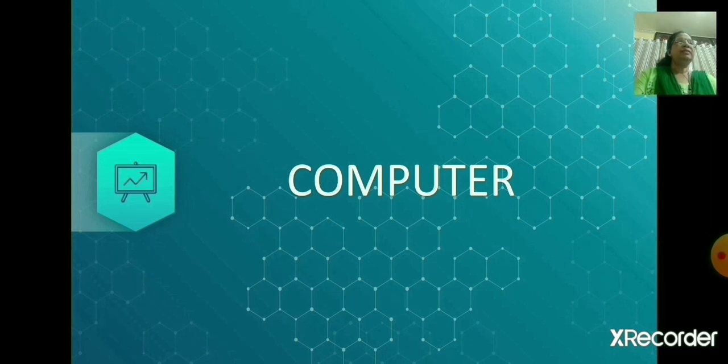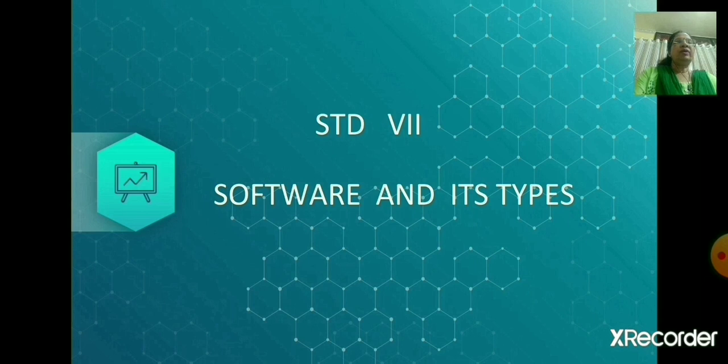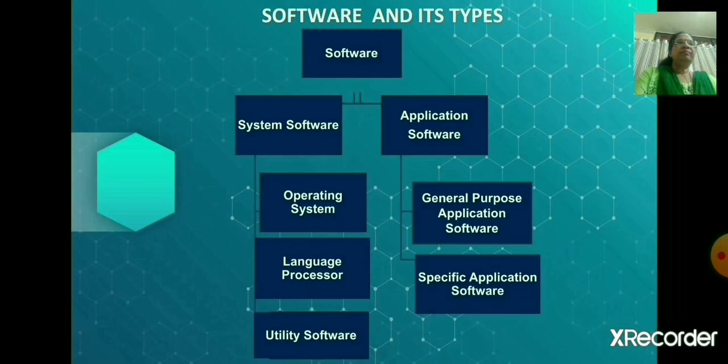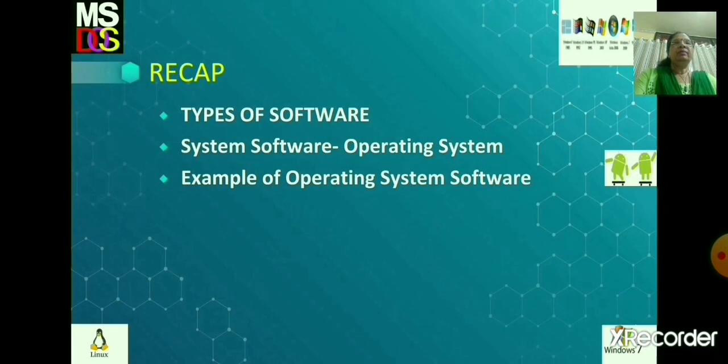In our previous session, we had started the first chapter, that is software and its types. In that, we had learned what is an operating system, uses of an operating system, and examples of operating system software.